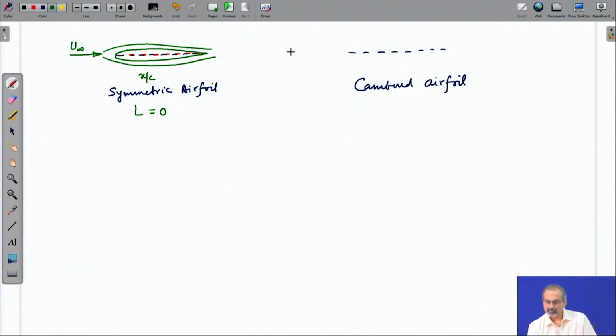On the other hand, in the case of a cambered airfoil, of course, we know that there is a non-zero camber, and then once you distribute the thickness above and below the camber line, you end up getting the airfoil shape, and the shape certainly looks asymmetric about the chord, and that is how it is visible to the flow as well, and therefore, when the flow moves around this surface, the streamlines are asymmetric.